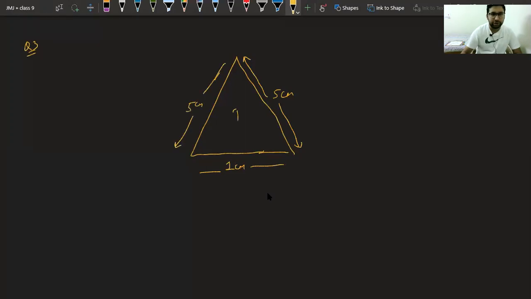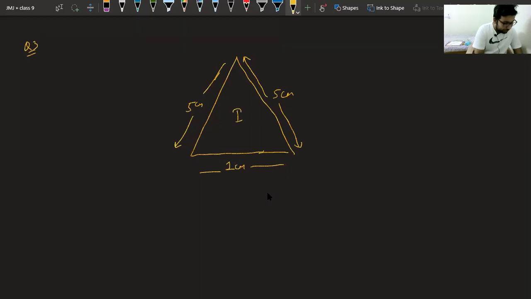This is the first triangle in the question number 3 figure. I hope all of you are able to see the figure. Class, you can find this first triangle's area easily, just by Heron's formula. Please confirm P or R. If you have an issue, you can type R.